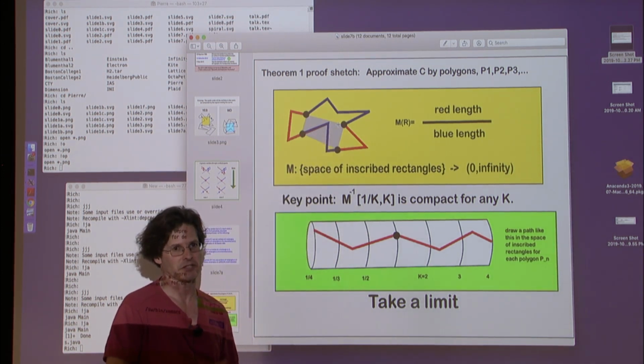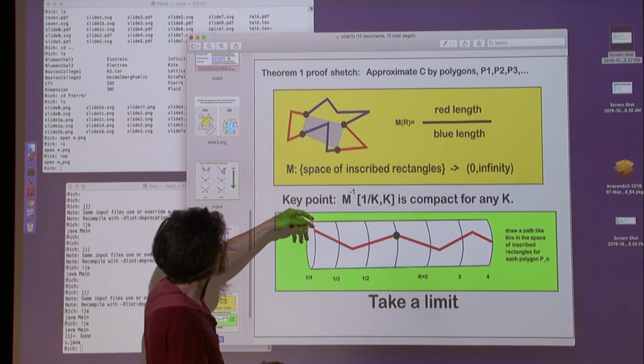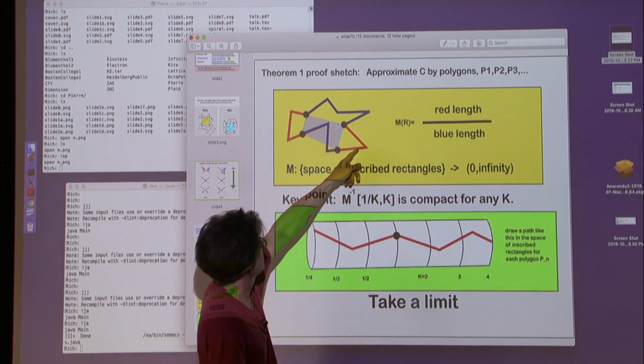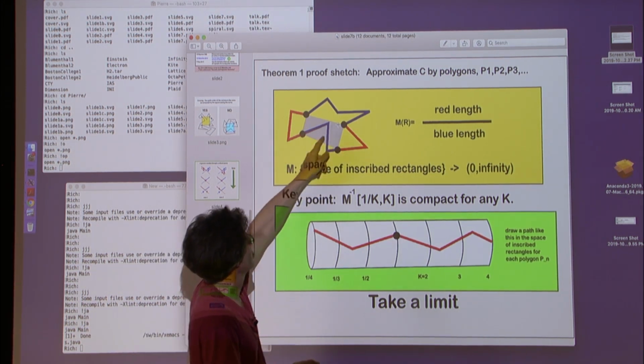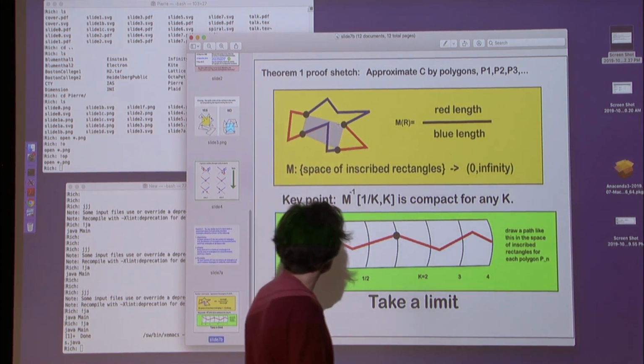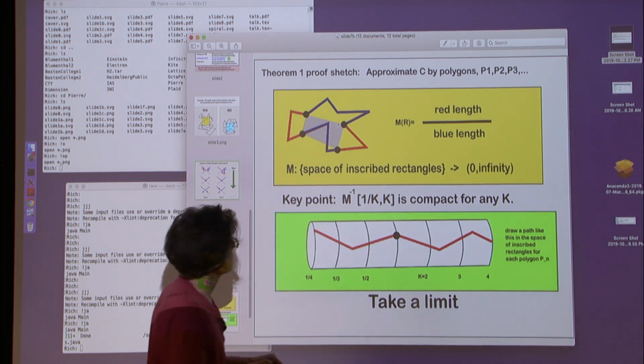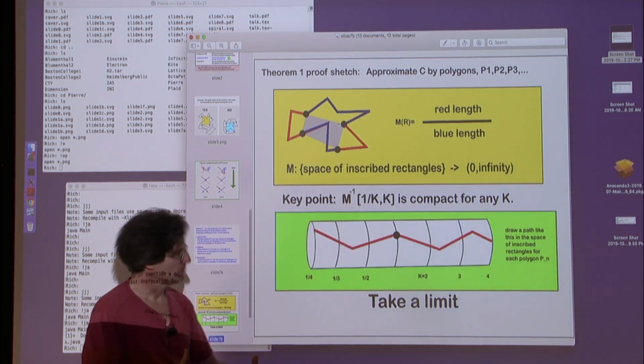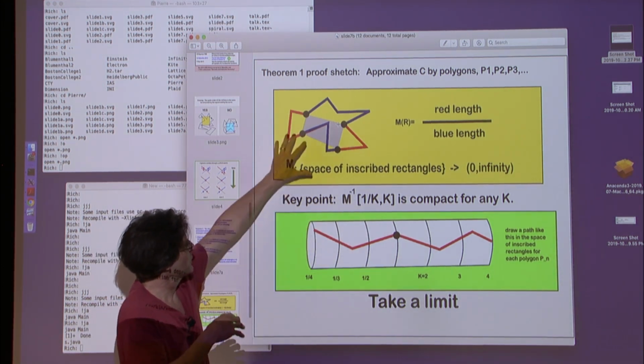It's just a measure. So if you have an inscribed rectangle, you're taking ratio of lengths. It's the sum of these two over the sum of these two, and so this is a function for each loop.